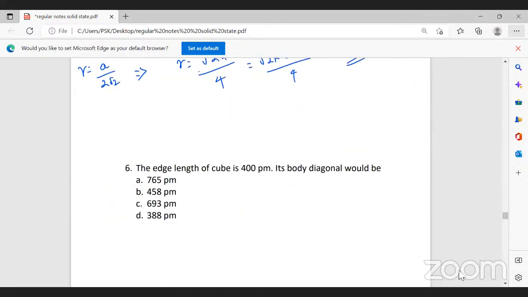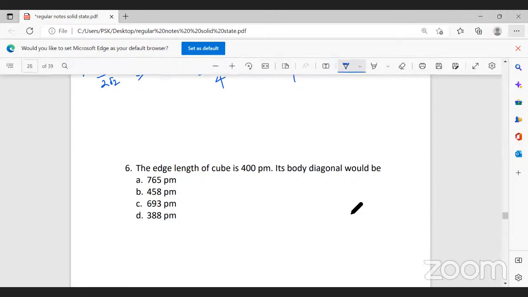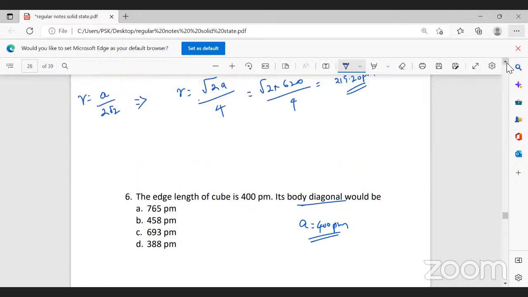The next problem. The edge length of a cube is 400 picometers. a is 400 picometers. What is the body diagonal of a cube?